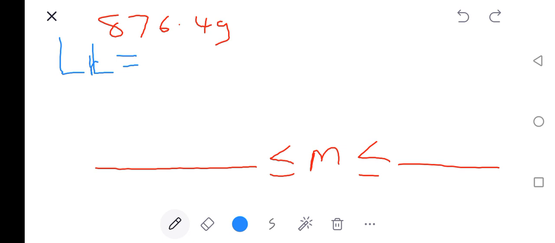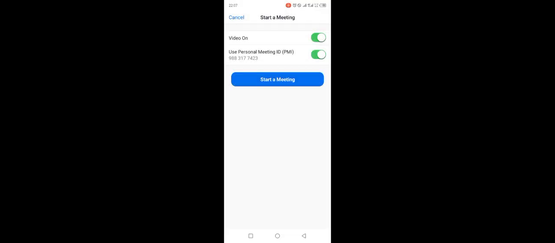How do you find the lower limit? You say the measurement given minus the error. We are given this measurement, 876.4.